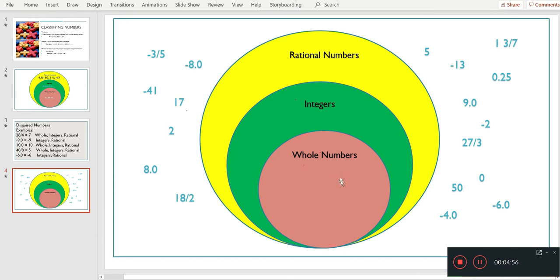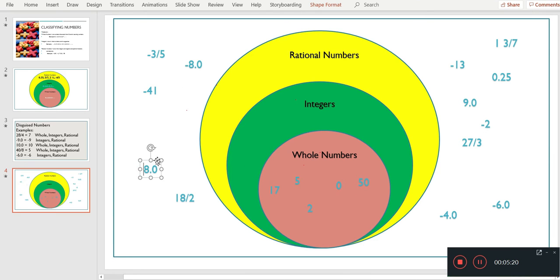So let's start with the whole numbers. Awesome, it's 5. We have 0. We have 50. What else? We have 17. We have 2.